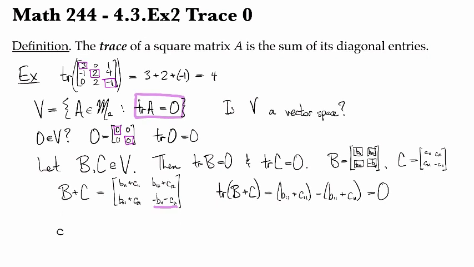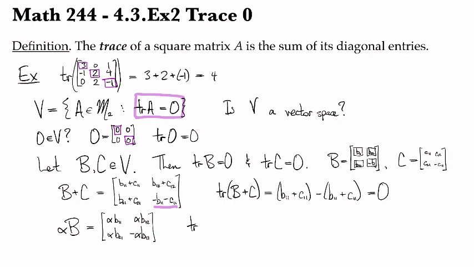And if I take a scalar multiple, let's not call it C, let's call it alpha, my scalar alpha. If I multiply B by the scalar alpha, then what do I get? Well, I'm going to have alpha B11, alpha B12, alpha B21, and negative alpha B11.